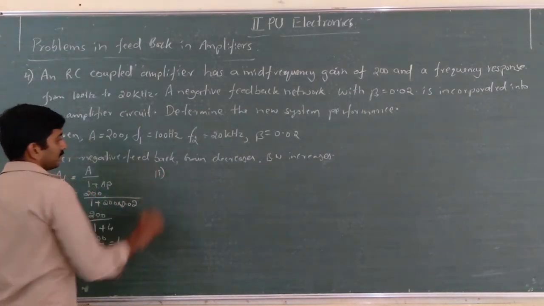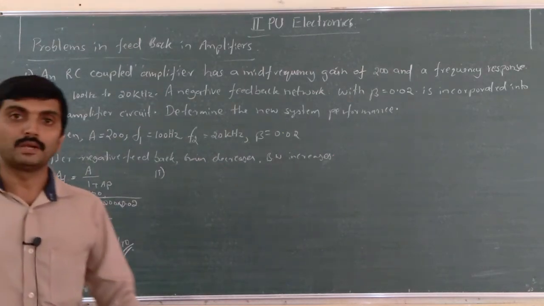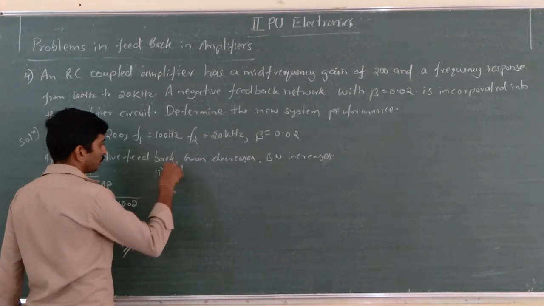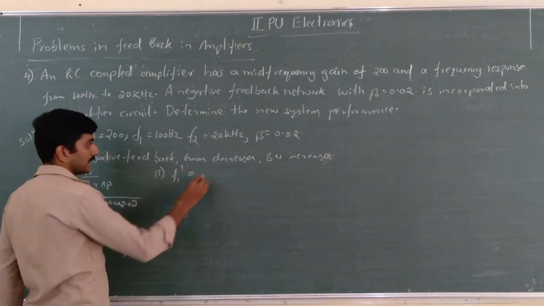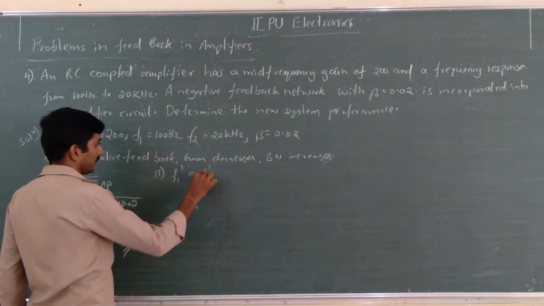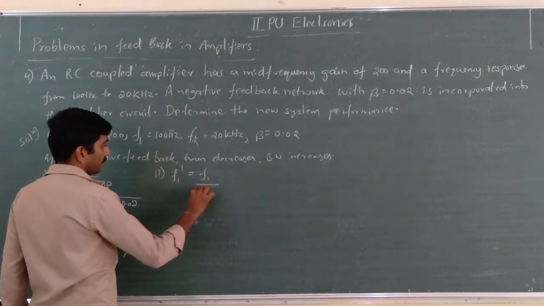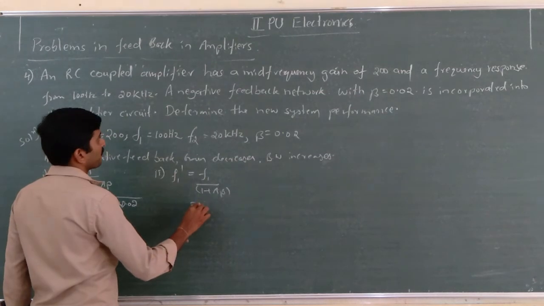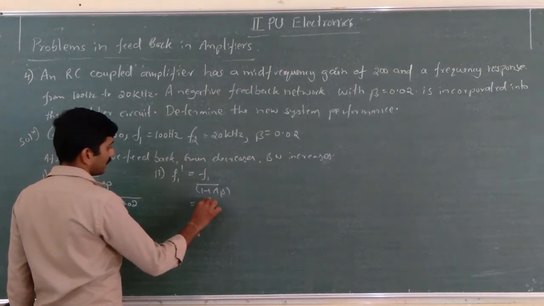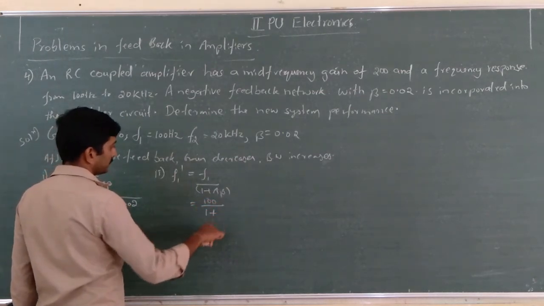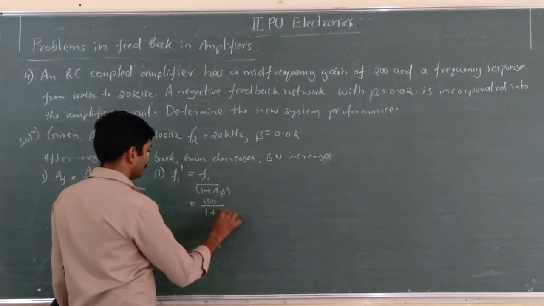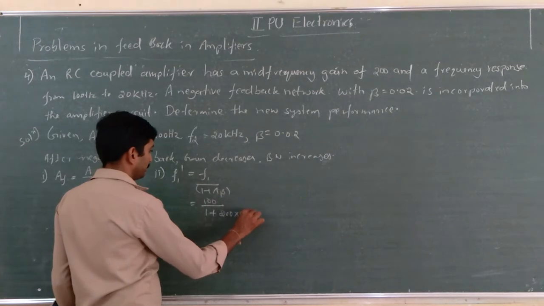Second thing is bandwidth. Before going to bandwidth, you can calculate lower cutoff frequency. Let F1 dash be the new lower cutoff frequency. F1 dash is equal to F1 divided by 1 plus A beta. Lower cutoff frequency decreases: it is 100 hertz divided by 1 plus A beta, A beta is 200 into 0.02.